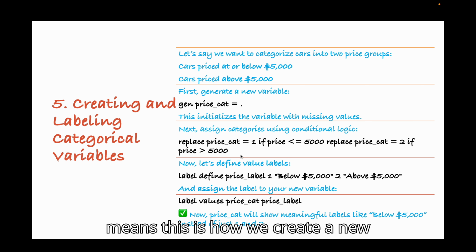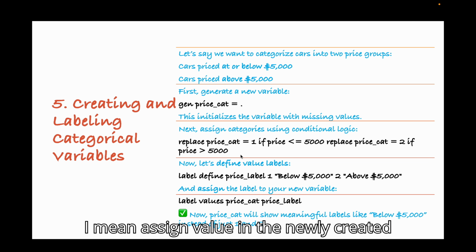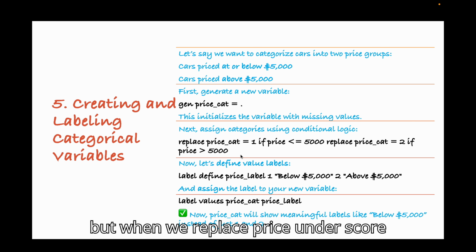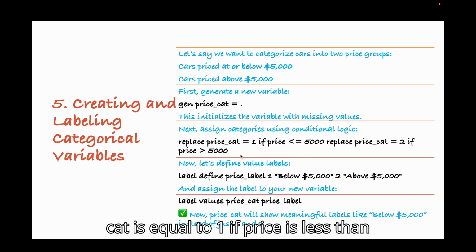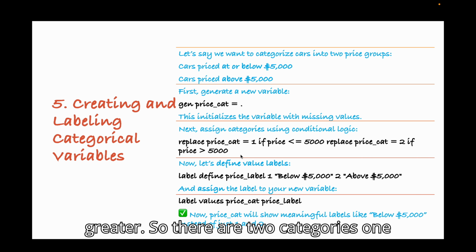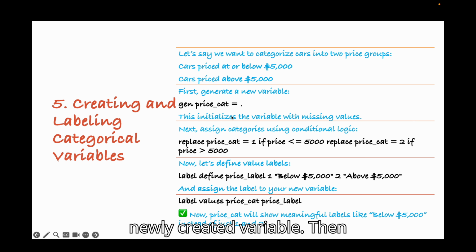This is how we create a new variable, and then based on the existing variable, which is price in the data set, we assign values in the newly created variable. In the beginning, everything is missing, but when we replace price_cat equal to 1 if price is less than or equal to 5,000, and 2 if it is greater, there are two categories, 1 and 2, in this newly created variable.